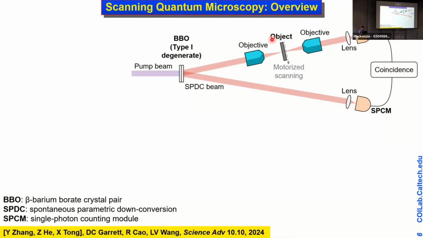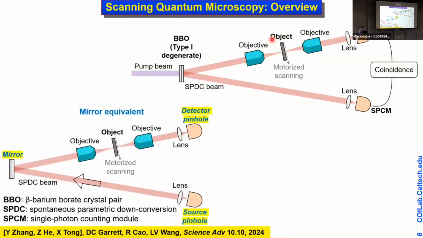Now, to understand the basic principle, let's look at this simplified diagram where we can treat this BBO as effectively a mirror. For this purpose, it's a pretty good mirror, but sometimes it's more complex than that. And so now we can time reverse this process. You have this pinhole, which was a detector, and now it's treated as a source. You can map this pinhole through this mirror, through this objective, onto the object plane.